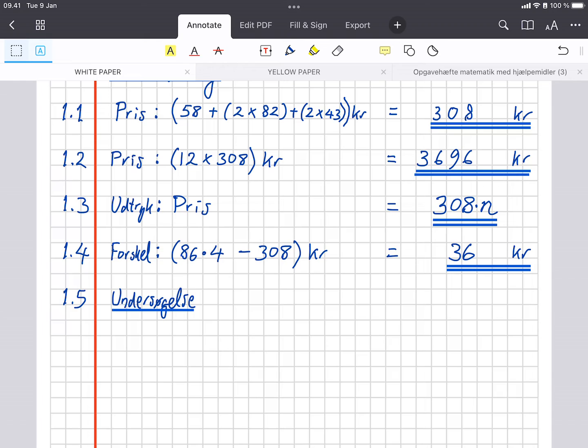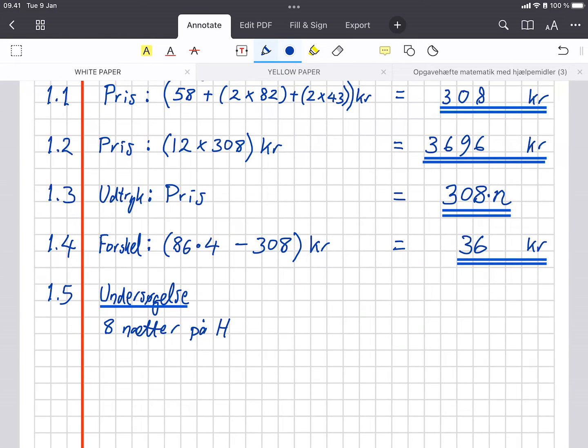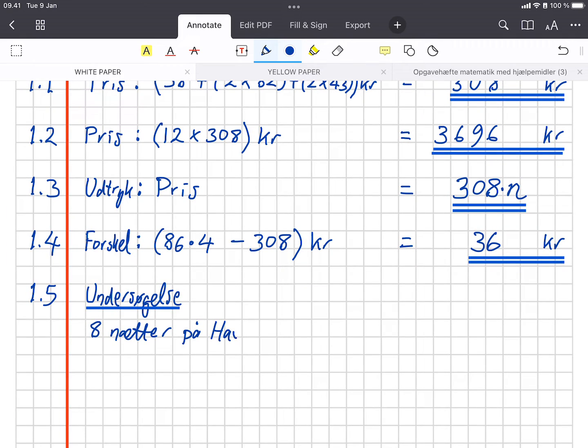Okay, so I am going to write 8 nights at, what was it, Halblick. I think I'll underline again.